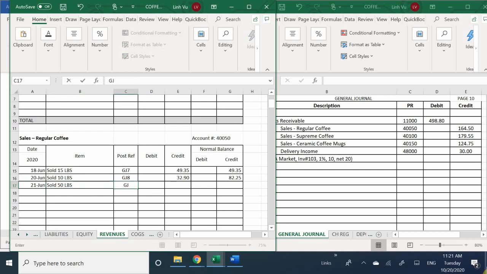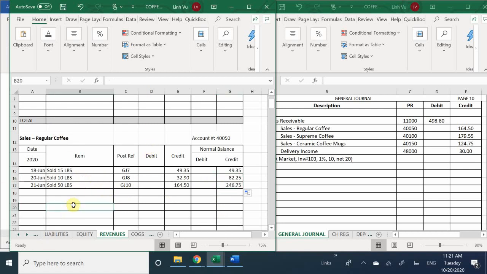General journal number 10. For how much? Credit 164.50, bringing my total amount to be 246.75.